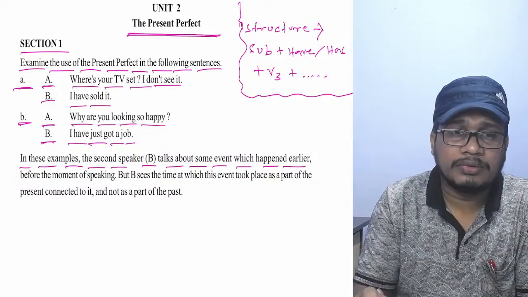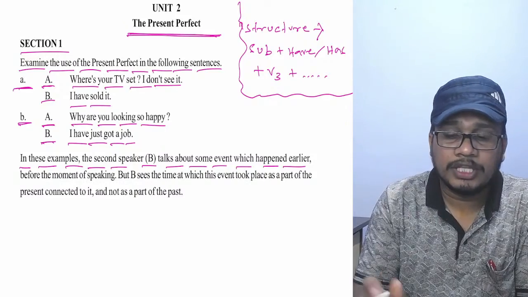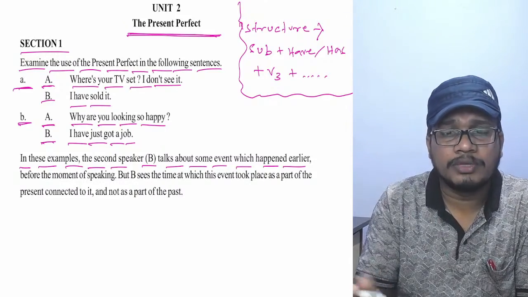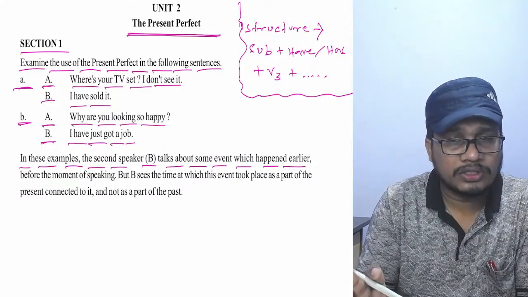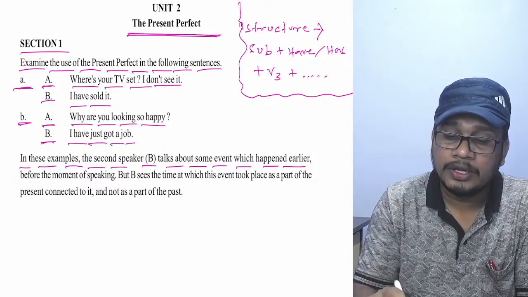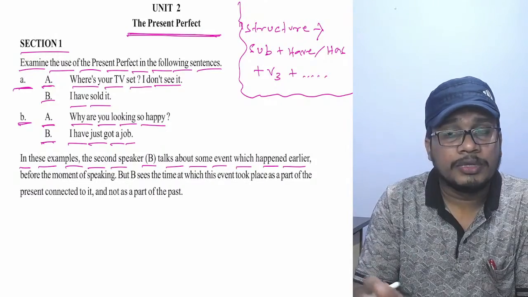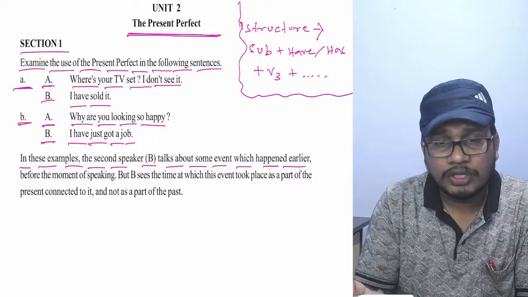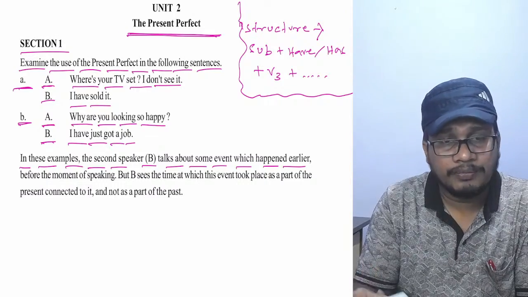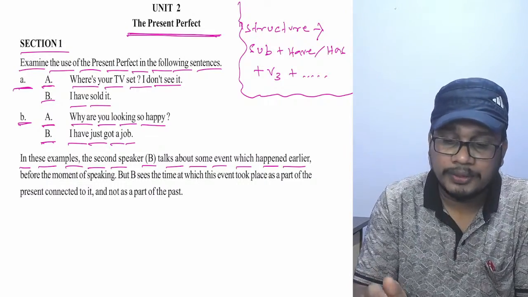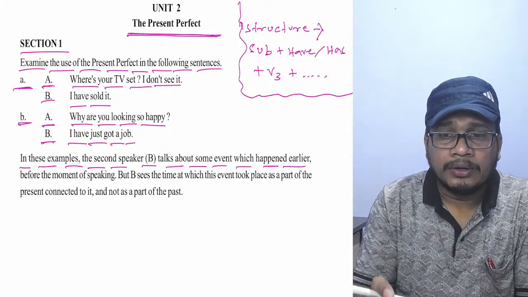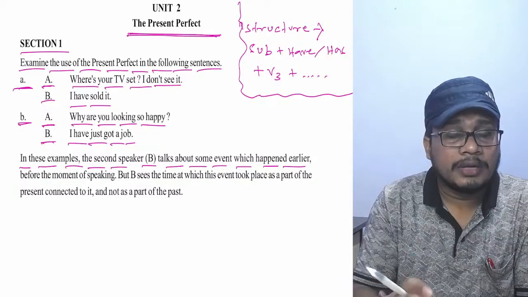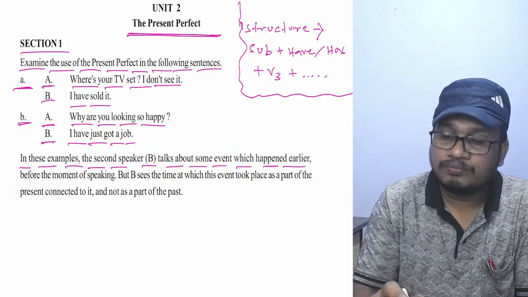I have sold it means the action is already over. I have just got a job also talks about an action that is already over. That means the reply of B always refers to a past action. Yes or no?